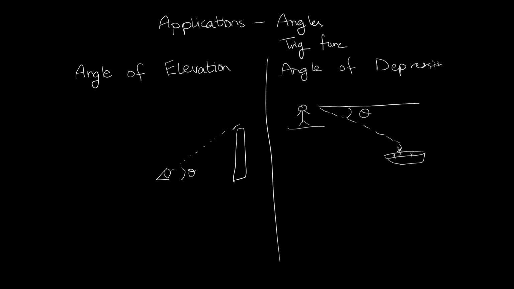So if that person looks at you, it will have an angle of elevation, phi, but you looking downward have a theta angle of depression. Always use the right triangle. If you connect these, you will have a right triangle, and hence you can find the value here using the right triangle. Let's do an example quickly.